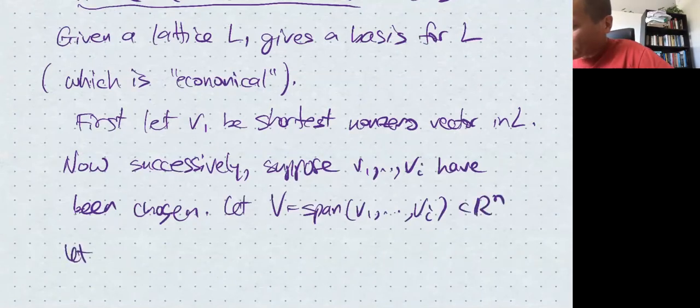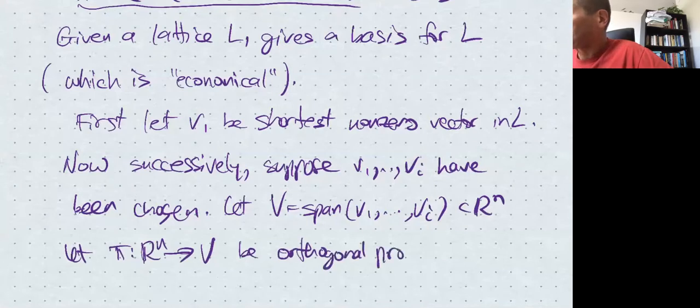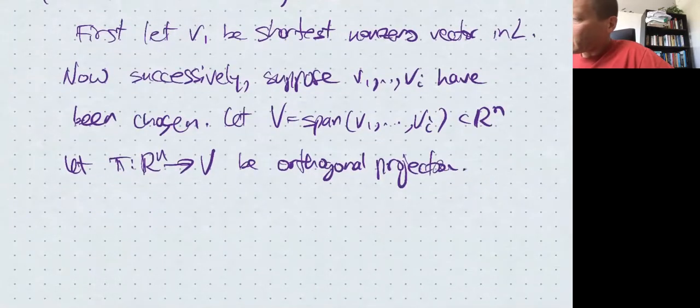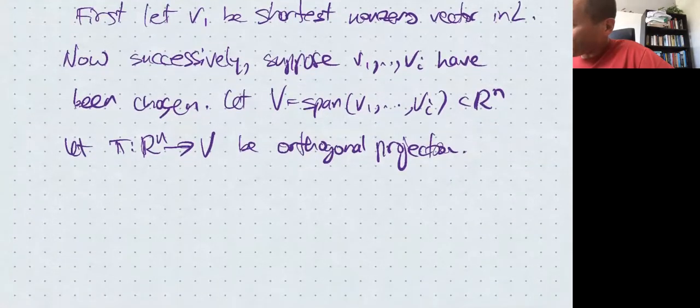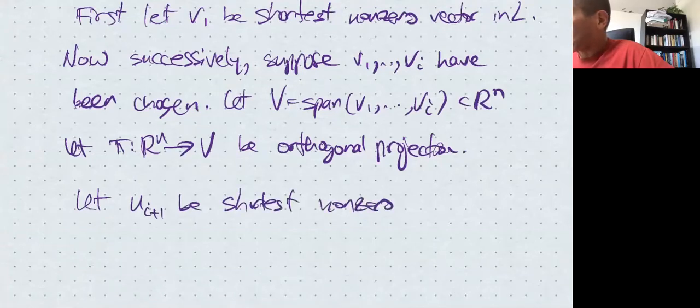And let pi from R^n to V be the orthogonal projection. Then I look at, let u_{i+1} be the shortest non-zero vector in the projection of L.